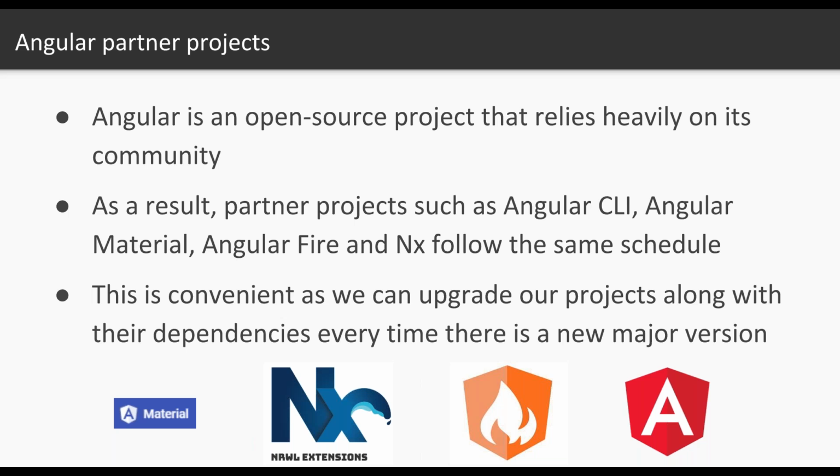So we can just upgrade all of these projects along with our main Angular application, and that's great because then all of the dependencies are on the same schedule as well, which allows us to not have to wait for these dependencies to get updated, but we can really upgrade to Angular 7 pretty much as soon as it is released.